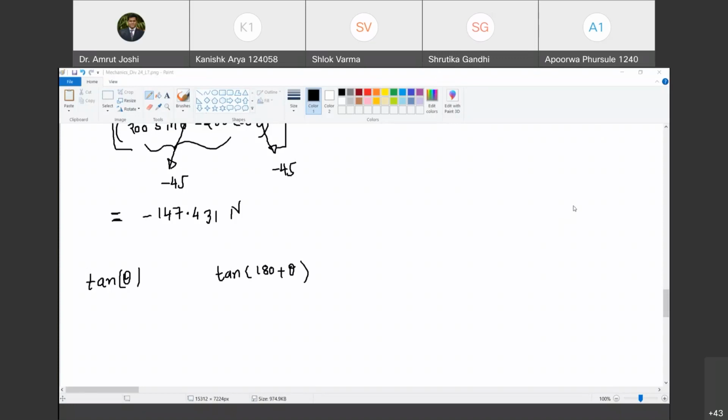So Shrutika, now can you tell me the relationship between tan theta and tan 180 plus theta? So tan 180 plus theta is minus cot theta. No, no. Just do one exercise on your calculator. Calculate tan 35 degree and calculate tan of 180 plus 35 degree. Can you tell me how much is tan 35 degree?